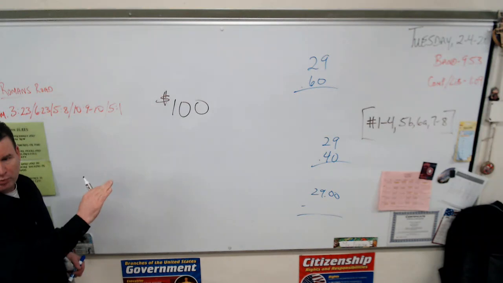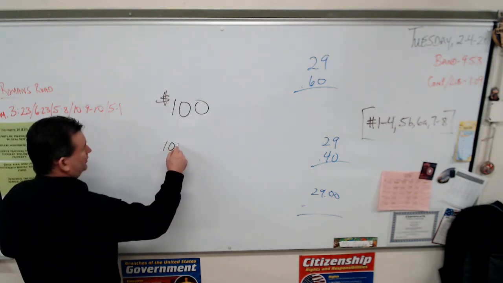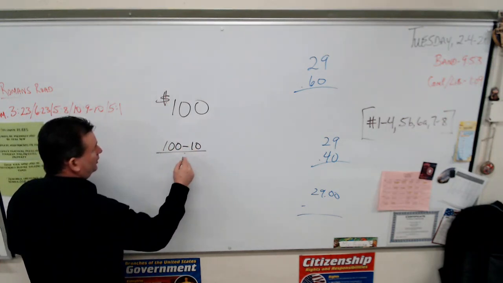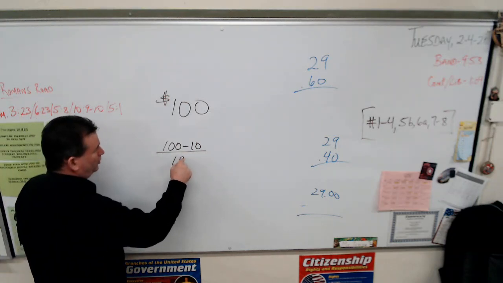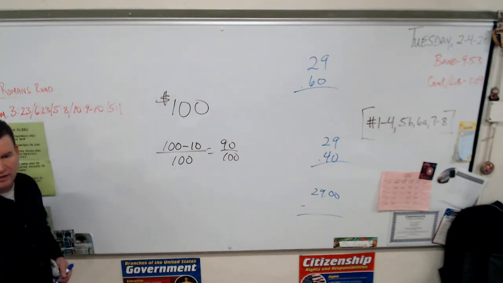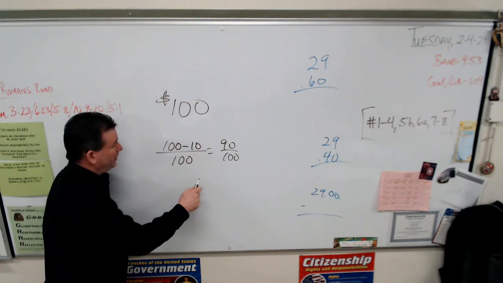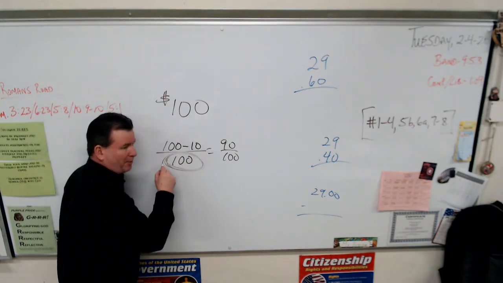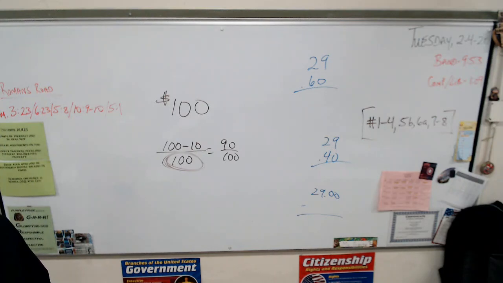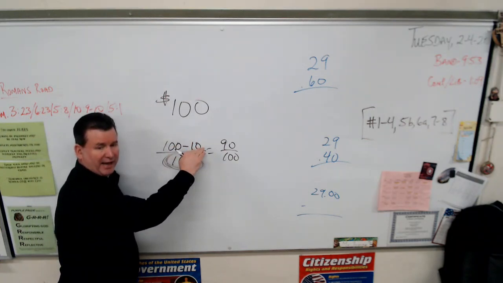We take the original price, and if they're taking 10% off, we go like this. 100 minus 10, we put it over the original price. 90 over 100, 90%. Take whatever they decreased it by, what's your denominator always going to be? The original price. So if they decrease it, subtract. If they increase it, add.